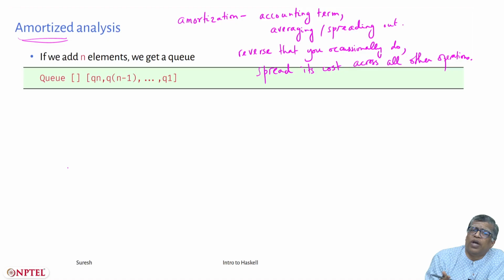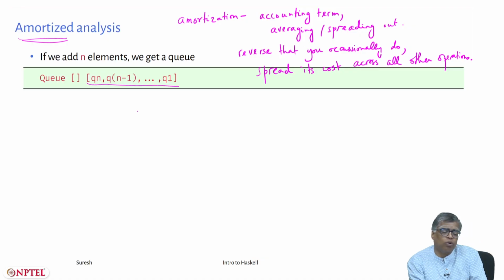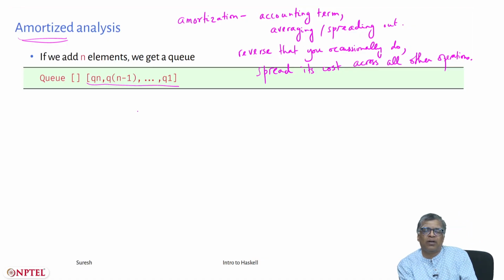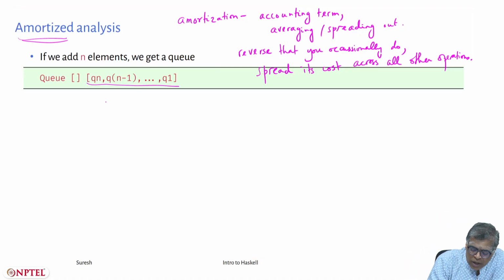Okay. Suppose you take a queue and add n elements to the queue. So, you start from queue empty and you keep on adding elements to the rear. So, you would have a queue like this. You originally added q1, then you added q2, etc., etc. This is the order.